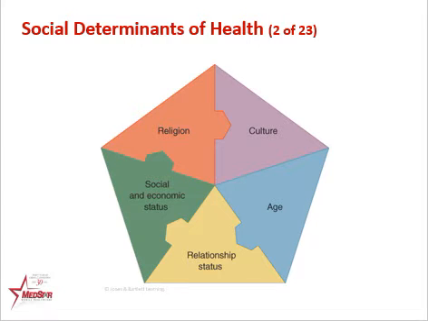Knowing that these determinants can have an impact on the overall health of the community, what we find is that a lot of these determinants are kind of intertwined, kind of like a puzzle piece, as you can see in this slide. So when I talk about a puzzle piece, someone's age may relate to their relationship status, or maybe their religion has an effect on culture, maybe relationships has an effect on socio or economic status.